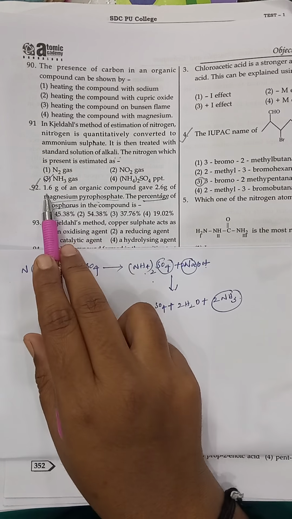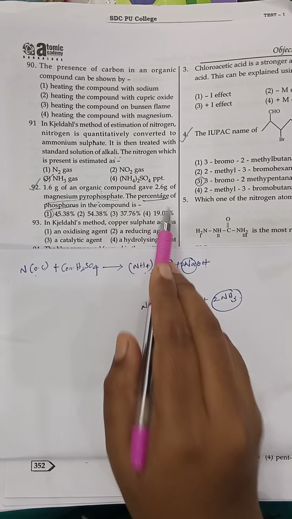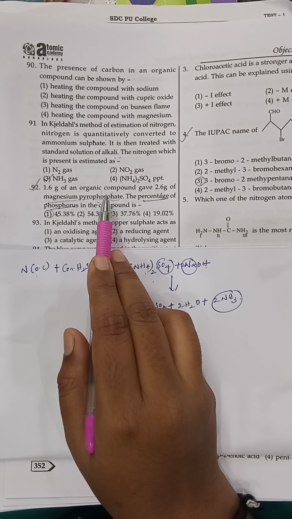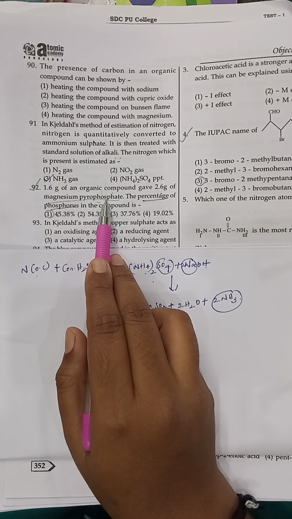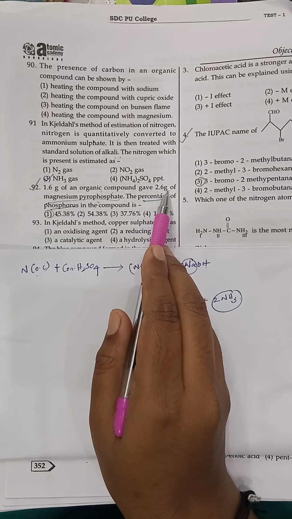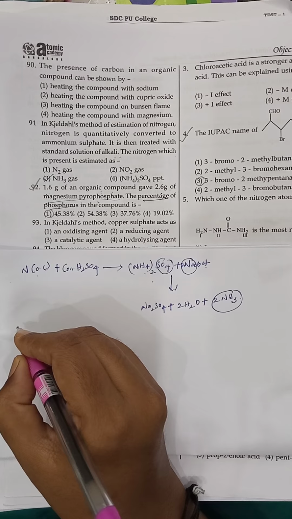Such an organic compound contains phosphorus. The phosphorus present in that organic compound reacts with many reagents and is finally converted into magnesium pyrophosphate. In this form the phosphorus is present, and its weight is 2.6 grams. Now we want to know the percentage of that phosphorus, and for that we have a formula.